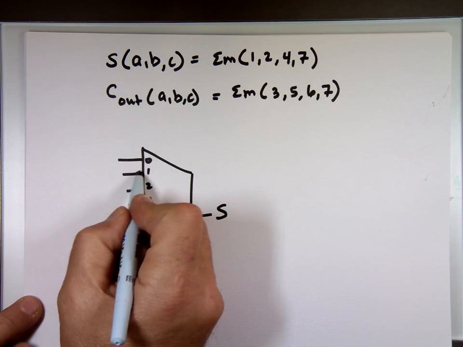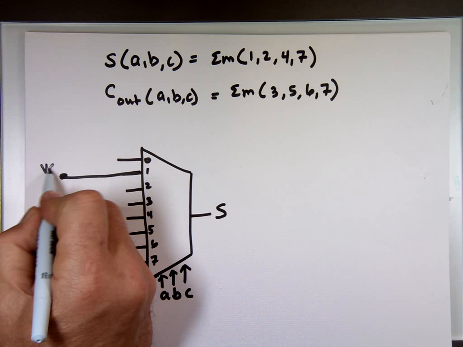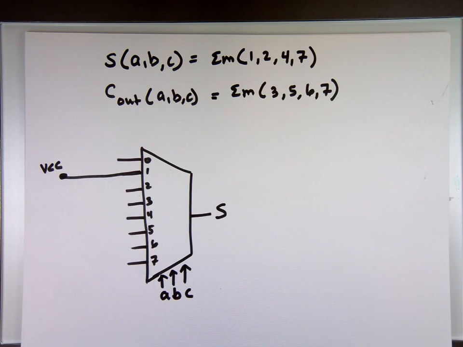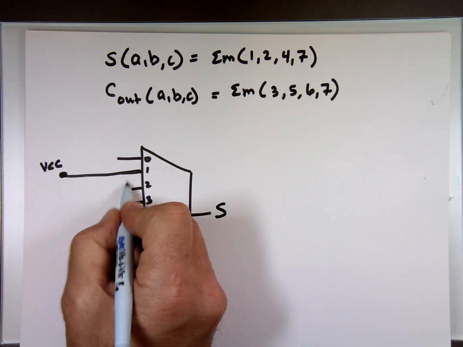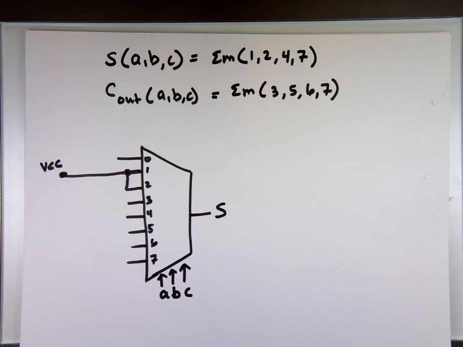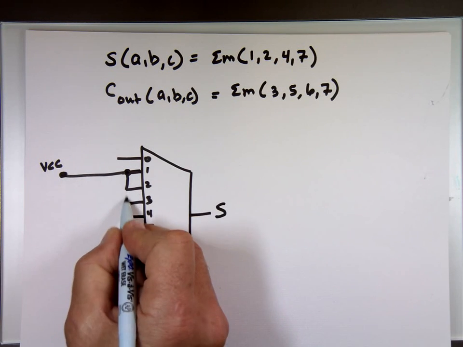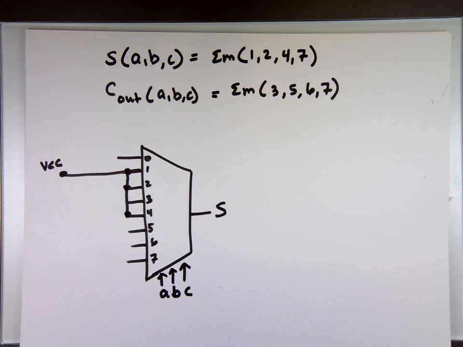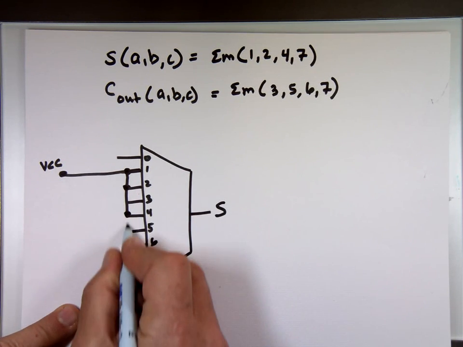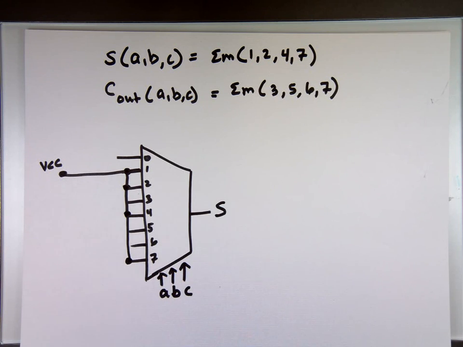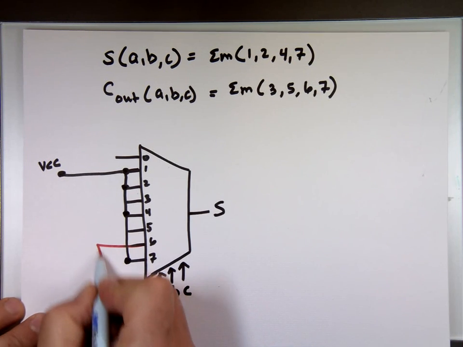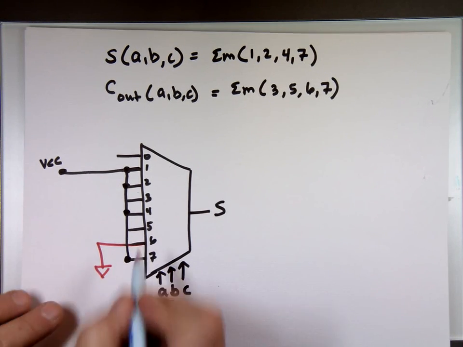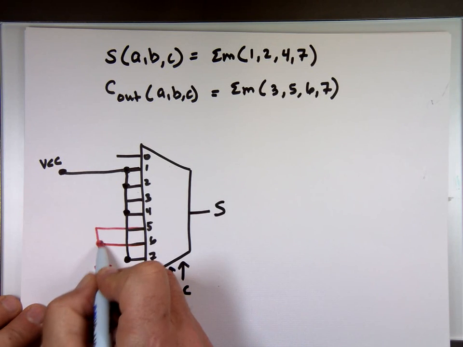So how about we attach this to VCC? That's a 1 volt. We attach pin 2 to VCC. We attach pin 4 to VCC. And we attach pin 7 to VCC. I thought there was supposed to be 2 muxes. Yep, I'm just working with the first one. The rest of them should be attached to where? Ground.